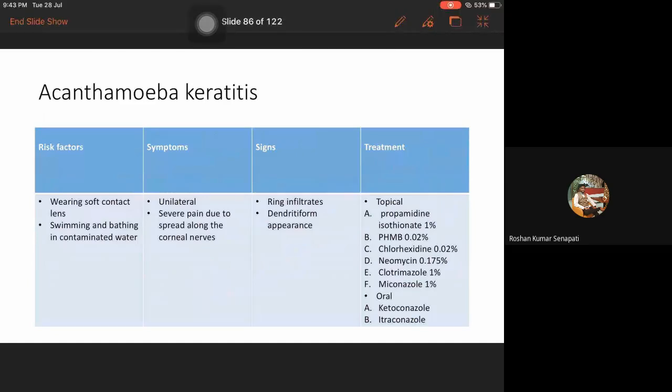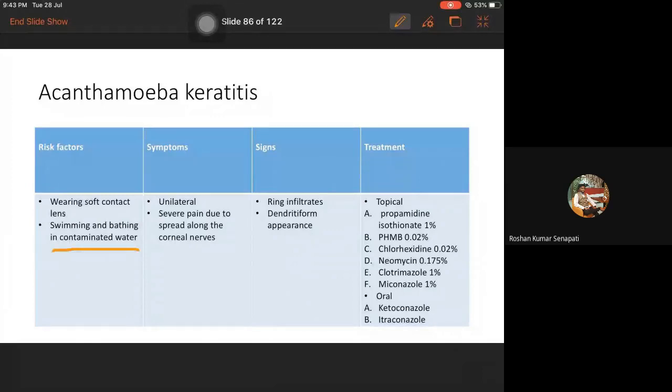Coming to the next infectious keratitis, that is acanthamoeba keratitis. Acanthamoeba is basically a protozoa. What are the risk factors? Contact lens use, and swimming and bathing in contaminated water.